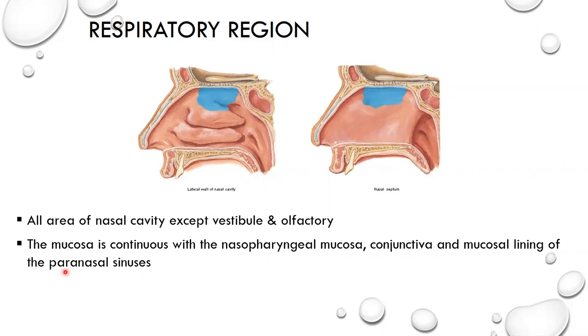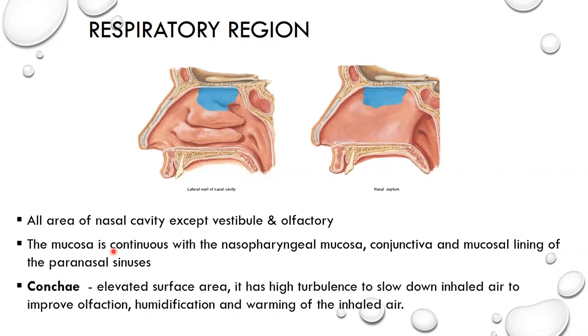We are going to talk about this later on. The concha is this structure, the elevated surface area of the lateral nasal cavity. It creates high turbulence to slow down inhaled air. So first olfaction, second humidification, and third warming of inhaled air.